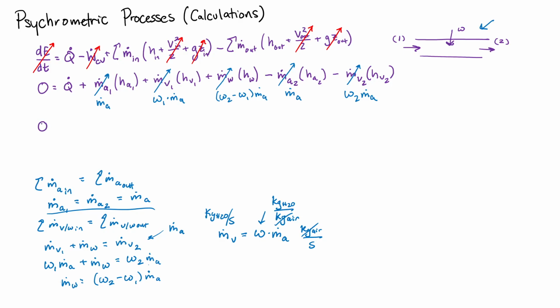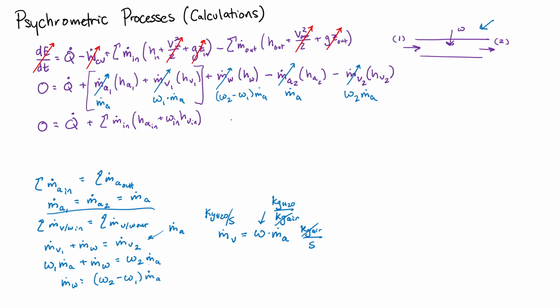So I'm going to say, in case I've got multiple inlets or outlets, I have my q dot plus the sums of my m dot air in times h air in plus omega in hv in. So that's combining this term and this term.